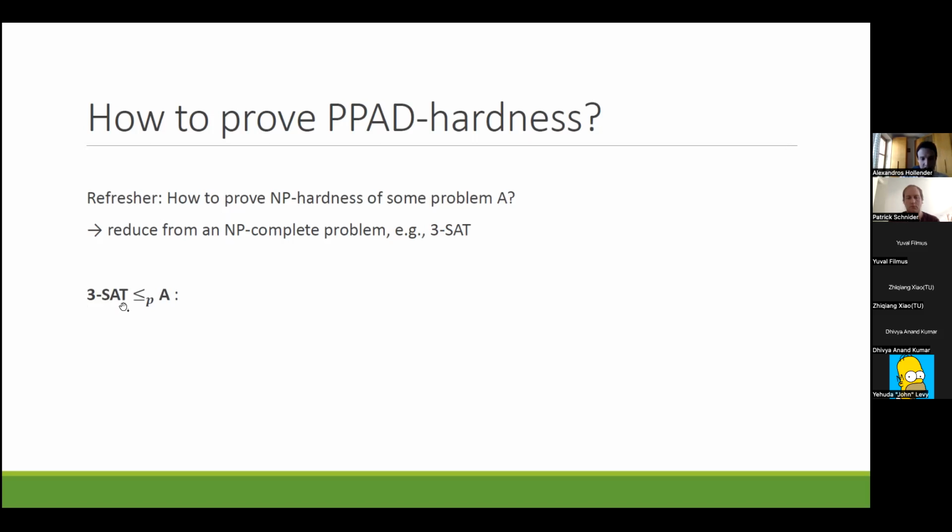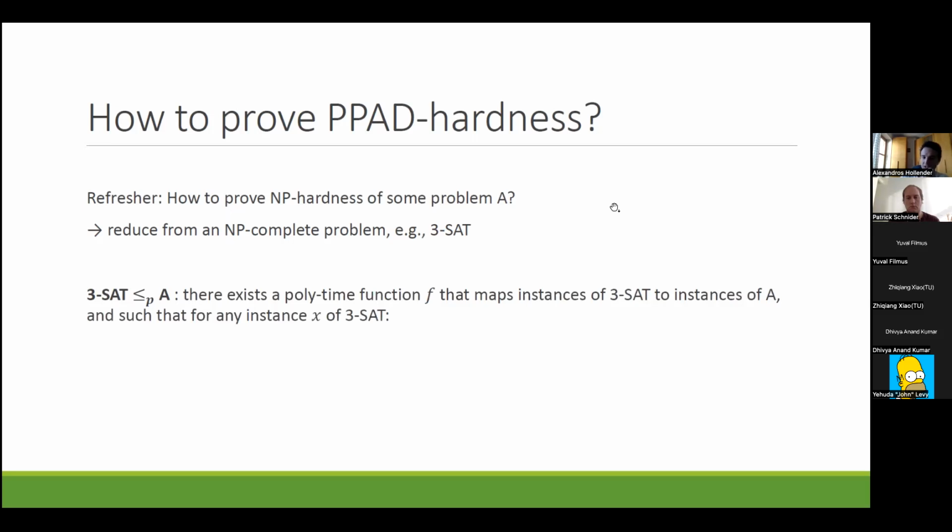So we say that 3-sat reduces in polynomial time to problem A if there exists a polynomial time function f that takes an instance of 3-sat, transforms it into an instance of the problem A, and then what you want in order to say that the reduction works is that for any instance x that you started off with, x is a yes instance for 3-sat if and only if f of x is a yes instance for the A problem.